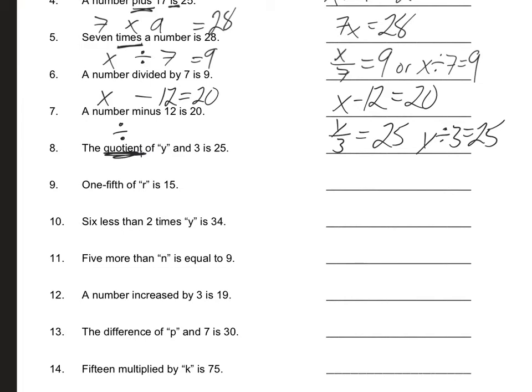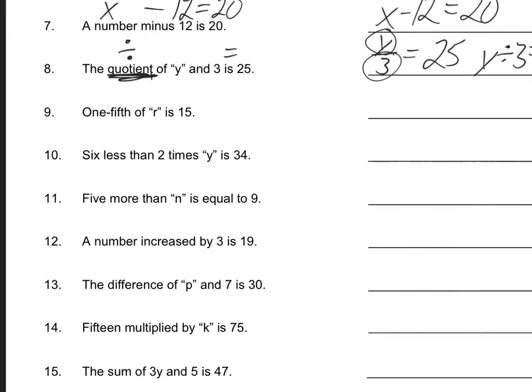If I see quotient of something, the first thing that they list goes on the top. So y would go first, that means y is up on the top like this, and 3 is on the bottom. Is 25, we already know is means equals. So y divided by 3 equals 25. Okay, good. Go ahead and try the next one.